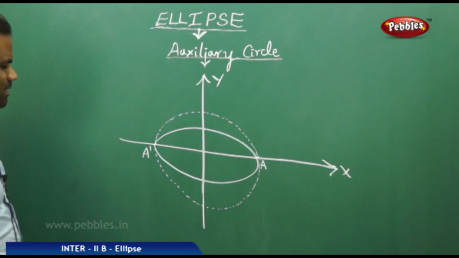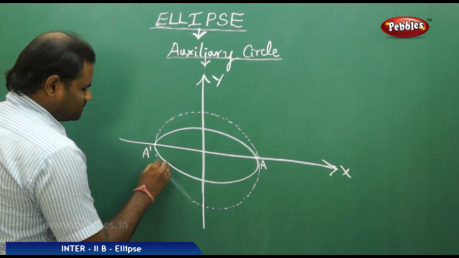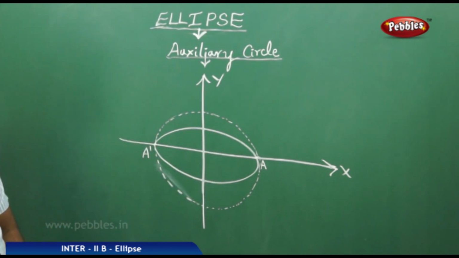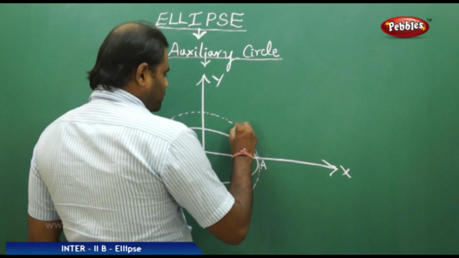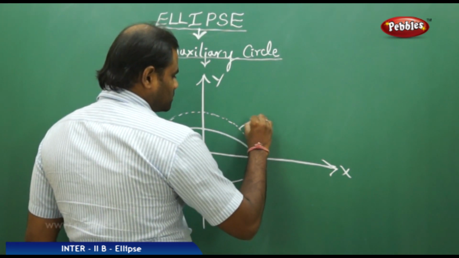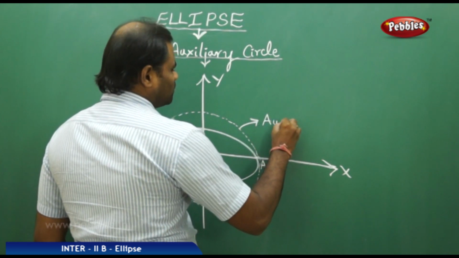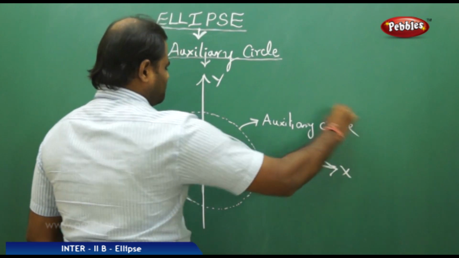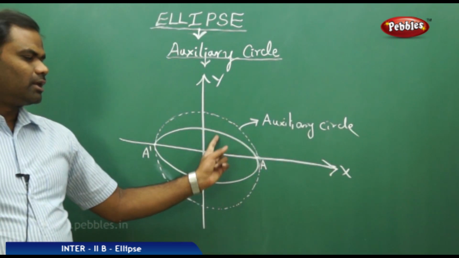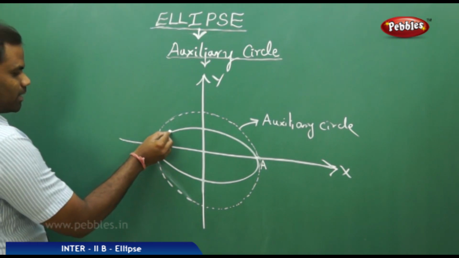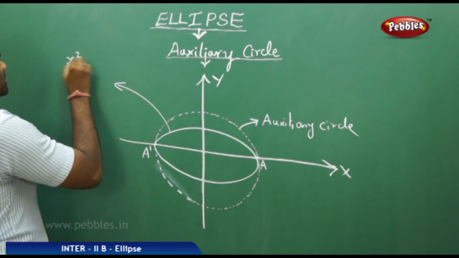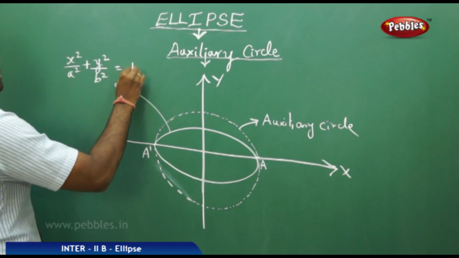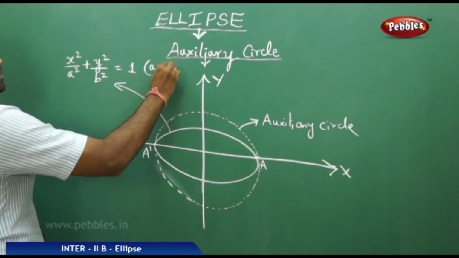That is how I get the circle. So with the diameter AA dash, the circle which I have described on this ellipse is called the auxiliary circle. This is the auxiliary circle along the ellipse, which is given by equation x square by a square plus y square by b square equal to 1, a greater than b.